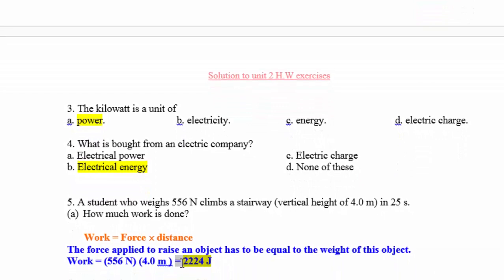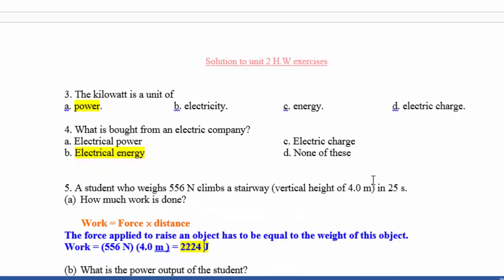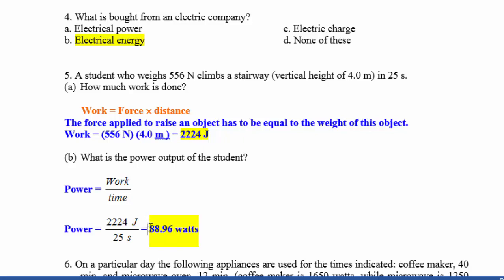So the work done by the student is 2,224 joules. To find the power, we divide this work by the time taken, 25 seconds, and this will yield 88.96 watts. So this is his power output, assuming he did this amount of work in 25 seconds.